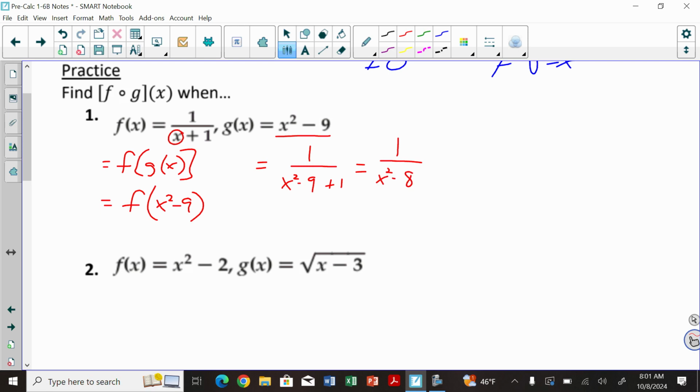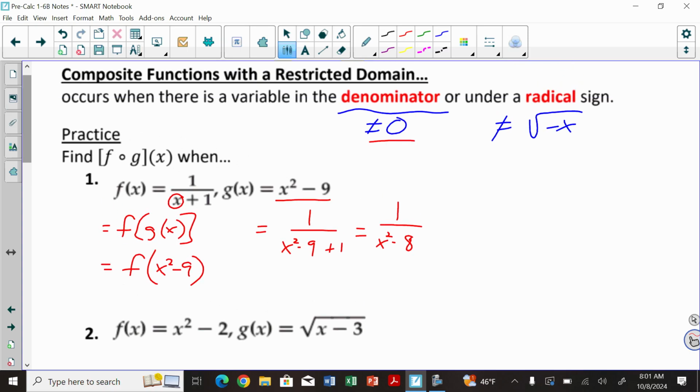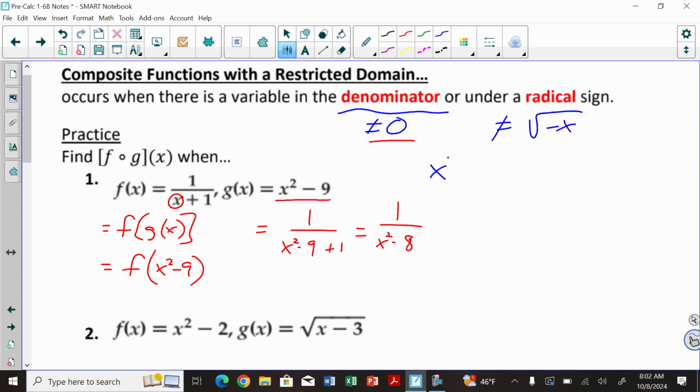Okay, so what we know here is that this is what it would look like. However, we just can't get a 0 in the denominator, right? So what would make that 0? Well, if this area here is equal to 0. So I can set that denominator equal to 0: x squared minus 8 equals 0, and I'll find what will make it 0.